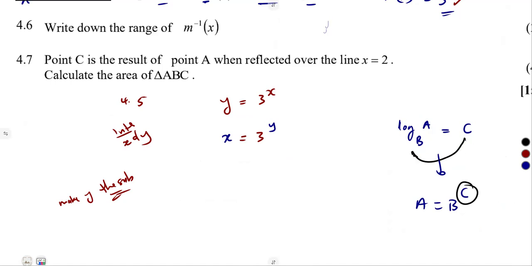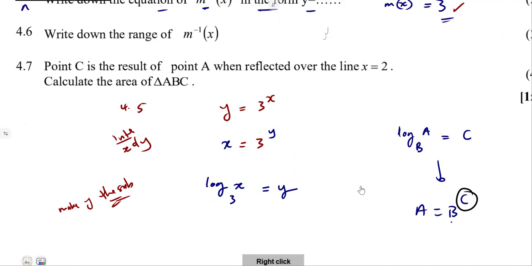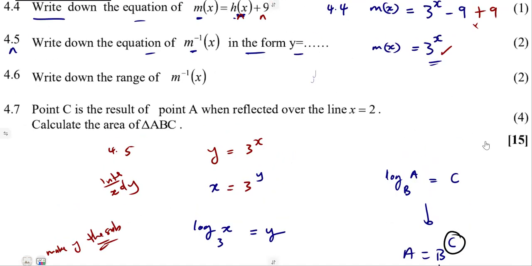So y is equal to the logarithm of a, the a is x, the logarithm of x in the base of b, our b is 3. In the base of 3, that must give us the exponent. Our exponent is y. They said we must write this equation in the form y is equal to. So in that format, y is equal to the logarithm of x in the base of 3.